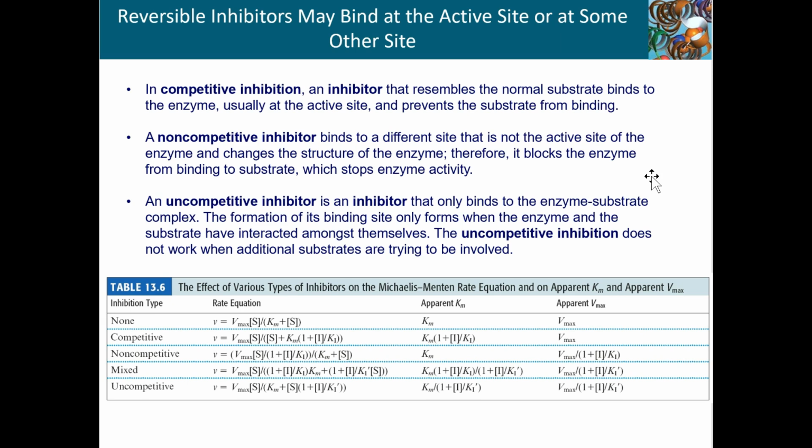You also have non-competitive inhibitors, which bind a different site other than the active site, and that conformationally changes the entire enzyme just enough where it alters the access of the substrate to the binding site. And then there are two variations on that. You've got the pure non-competitive inhibitor, and then you have a less than pure variation on it. What's pure non-competitive inhibition?